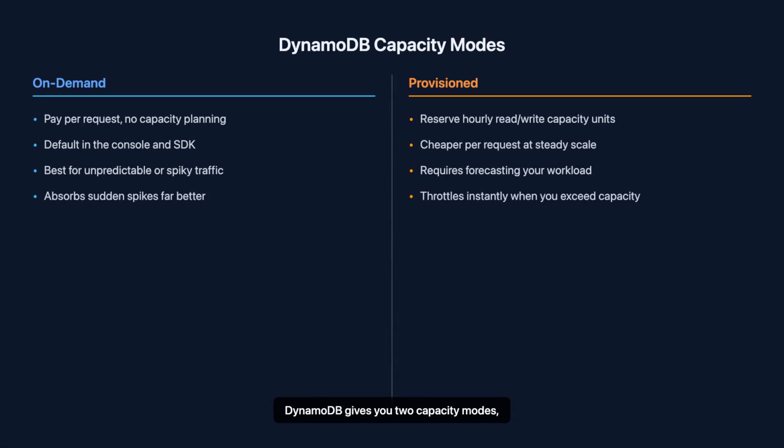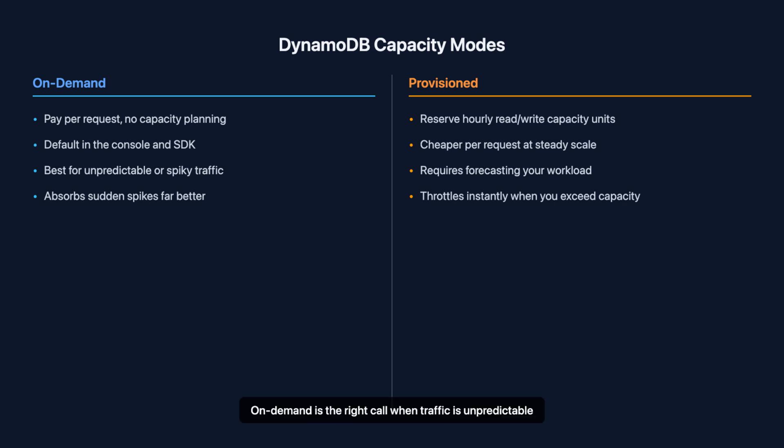DynamoDB gives you two capacity modes, and the choice comes down to your traffic shape. On-demand is pay per request with no capacity planning at all. It's the recommended option, and when you create a table in the console or through the SDK, it's the default. One thing worth knowing, if you create tables through CloudFormation instead, the default is actually provisioned unless you explicitly ask for pay per request.